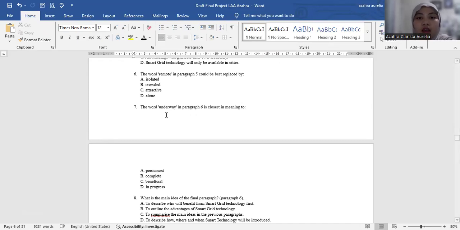The reason is because the vocabulary in those questions can be inferred from the sentences in the paragraph, and the benefit is they will build academic vocabulary skills of the students.